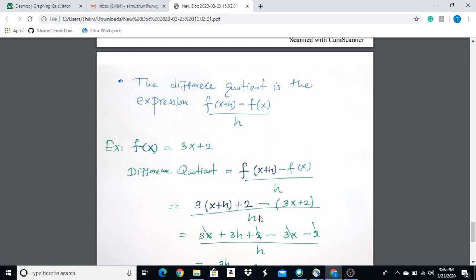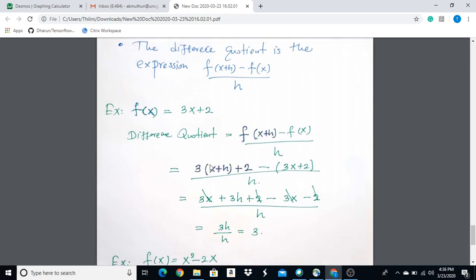divided by h. Now if you distribute, it is 3x plus 3h plus 2 minus 3x minus 2. Here you can see we have 3x positive, and on the other side we have 3x negative, so that cancels out. And positive 2 and negative 2 also cancel out.